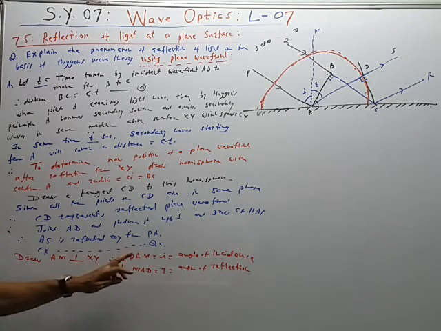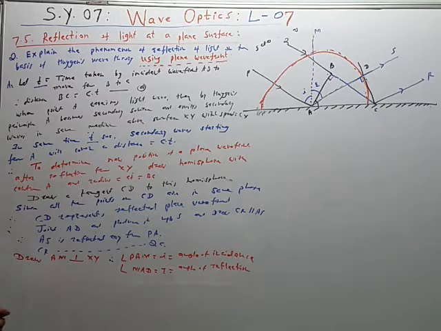Now we have to show these two angles to be equal, and for that purpose we are using this geometry. So to prove I is equal to R, we are using this geometry.